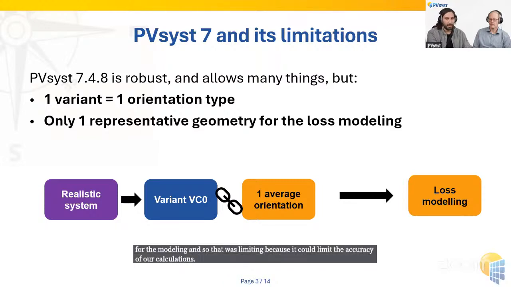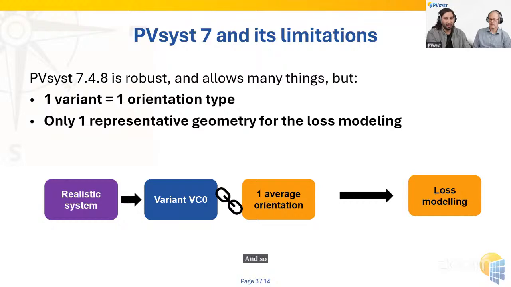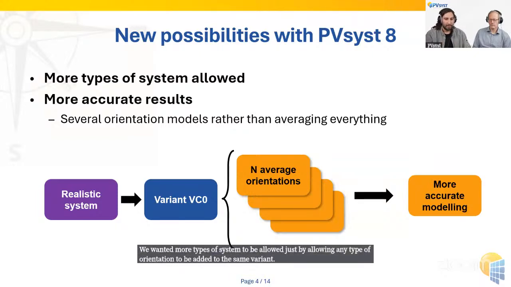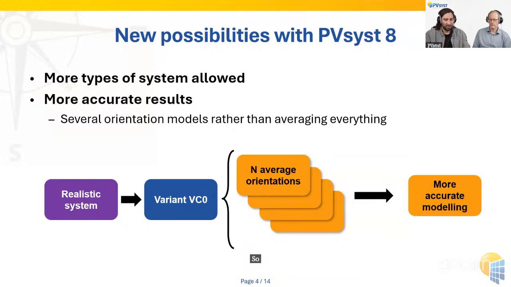This motivated us to develop PVsystCLI 8. PVsystCLI 8 is all about lifting that limitation. We wanted more types of system to be allowed just by allowing any type of orientation to be added to the same variant. This has 2 benefits.